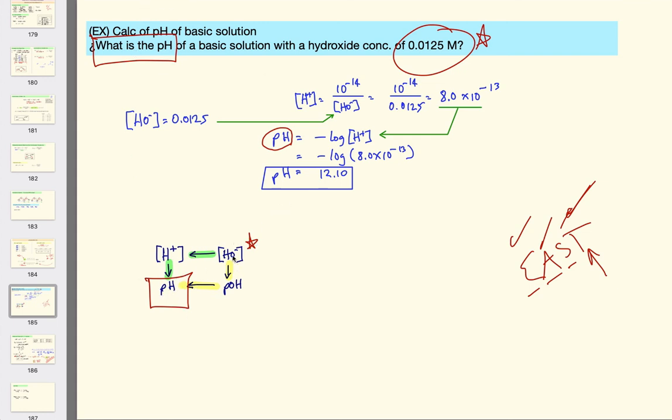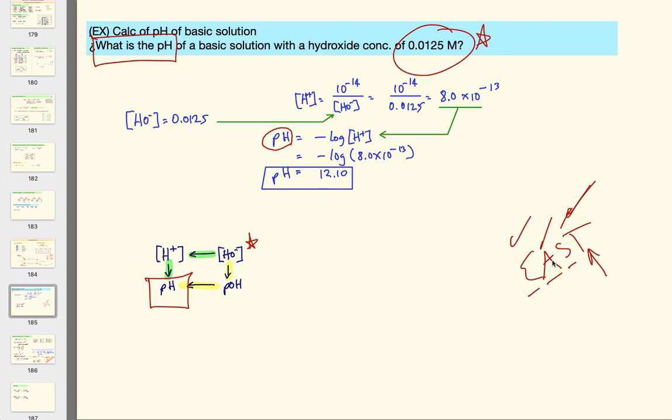So I chose to convert hydroxide to H plus using this equation. I know that relationship. And I calculated 8 times 10 to the minus 13. And then I chose to take that H plus concentration and take the minus log of it and go to 12.10.